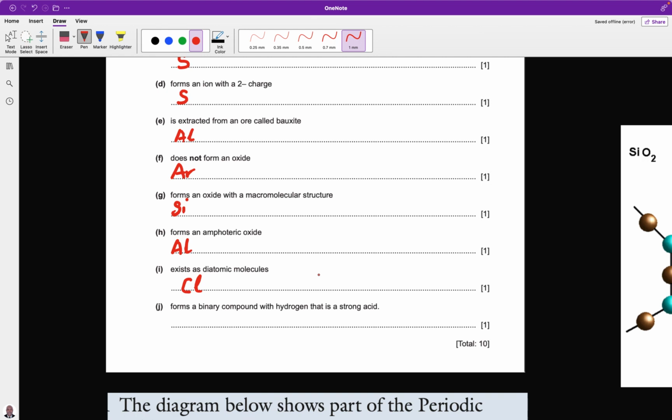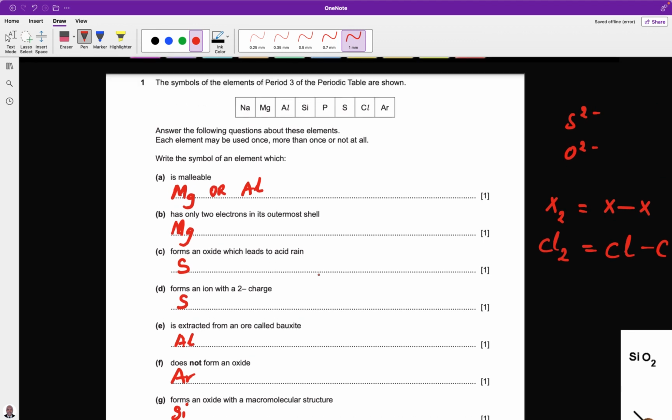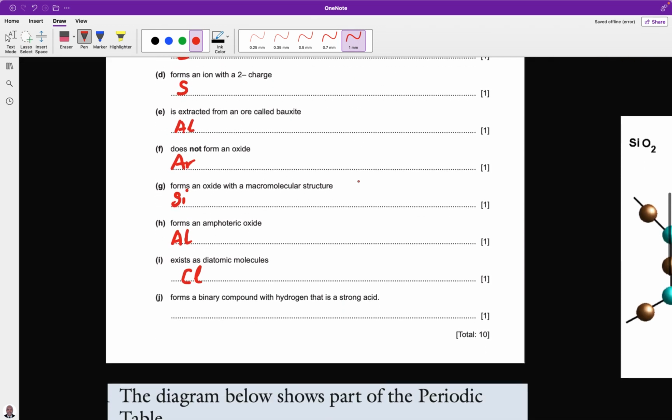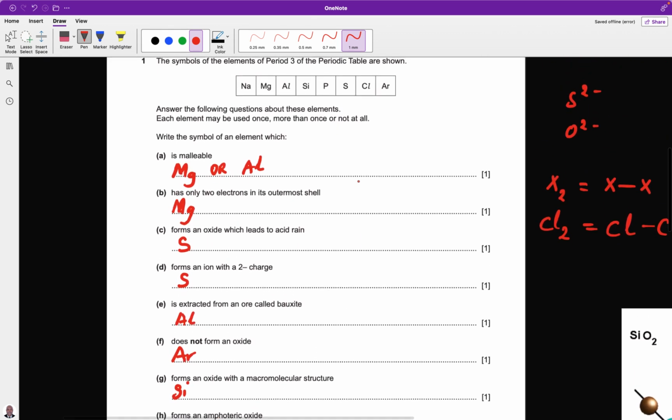Oxygen is also an example, but they say write the symbol of an element which is in the table. Oxygen is not here, so we cannot write oxygen. So the only one here is chlorine, Cl. We are writing by the symbol. Do not write anything outside what you have been given.